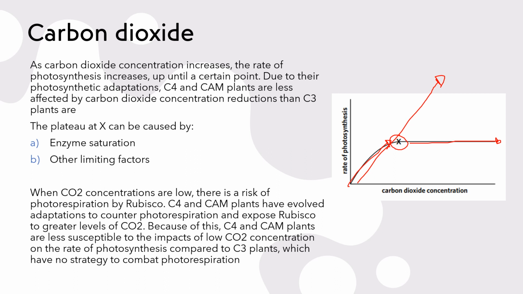So even though this graph looks simple enough, we can't forget what we've learned. We know that photorespiration can occur, and you might see that in a graph. So even though the carbon dioxide concentrations might be rising, if the rate's not rising, it could be due to a limiting factor, but it could also be due to photorespiration occurring if it's really hot or something like that.